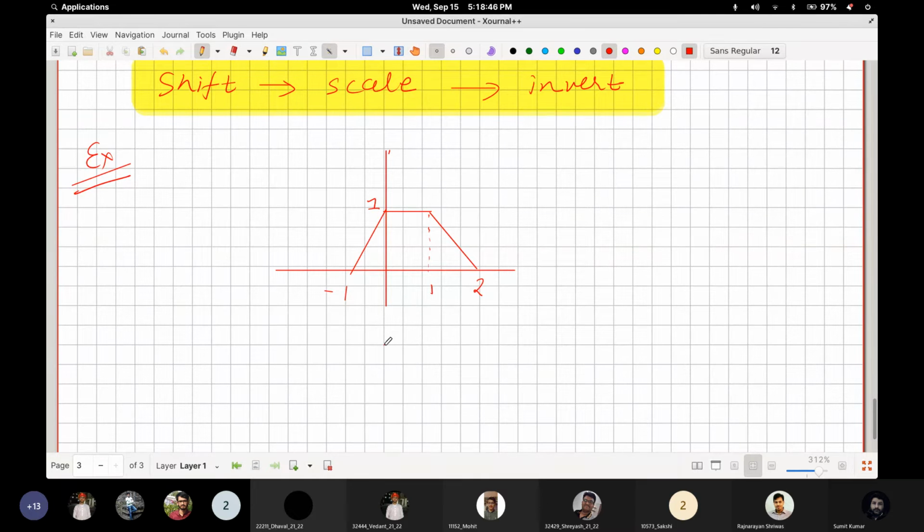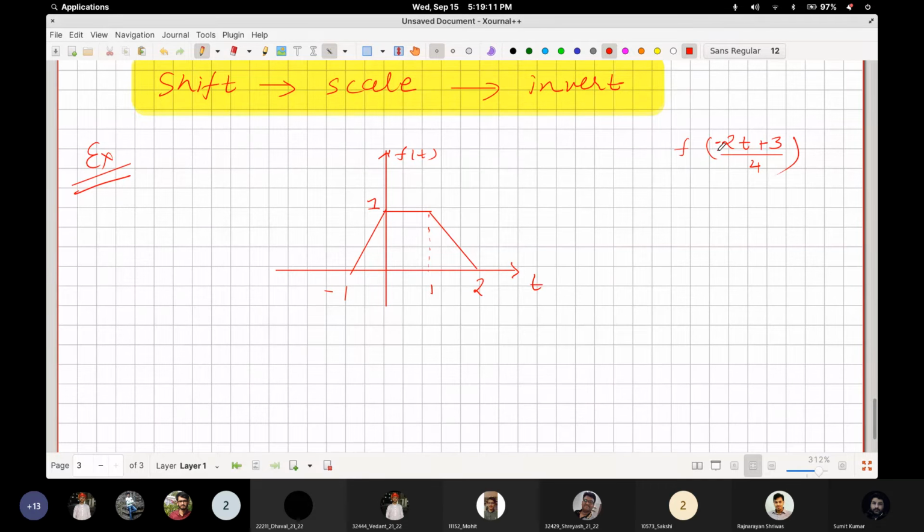Okay, so this is one of the functions that is given to us, f of t, and let's say we have to calculate f of 2t, f of minus 2t plus 3, and this whole divided by 4. This is what we have to compute, and this is versus t.